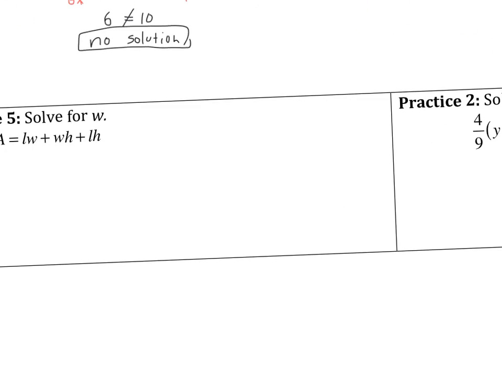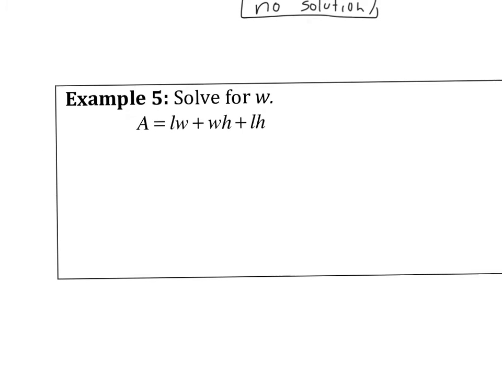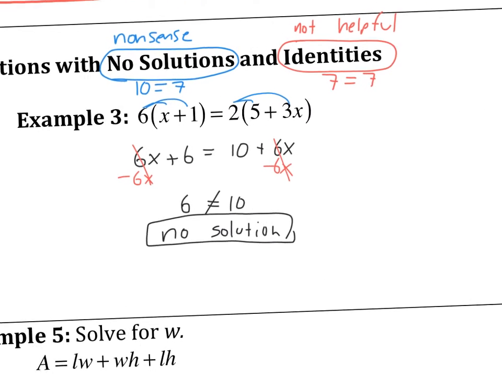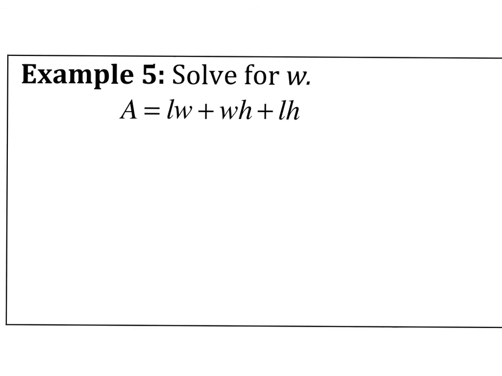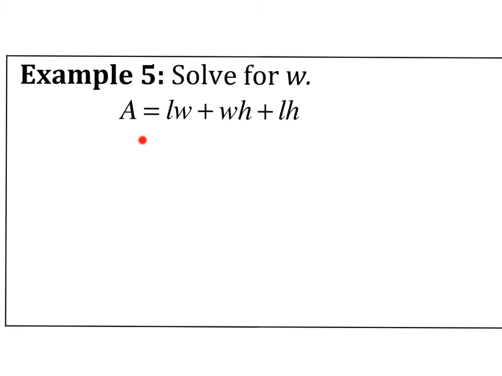All right, and the last thing we're going to look at is something called solve for something. Generally speaking, when we solve for something, we get a number. X equals 12, Y equals 13. But ultimately, the skills in algebra can help us to rewrite formulas when we know things. So for example, the area formula.